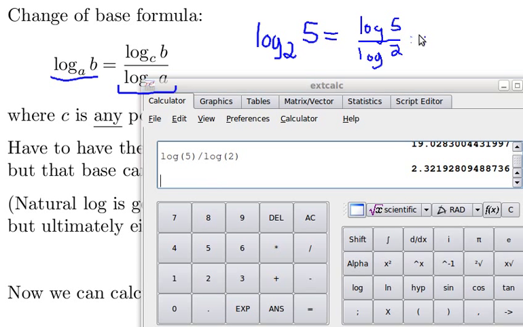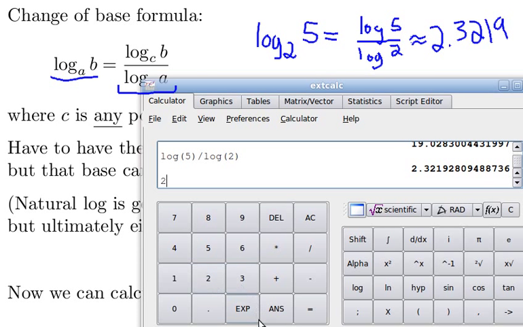So let's make that an approximation, 2.3219, and let's test that. Let's do 2 to the power of 2.3219. So 2 to the power of, I keep forgetting where the power key is, 2.3219 is equal to pretty close to 5.